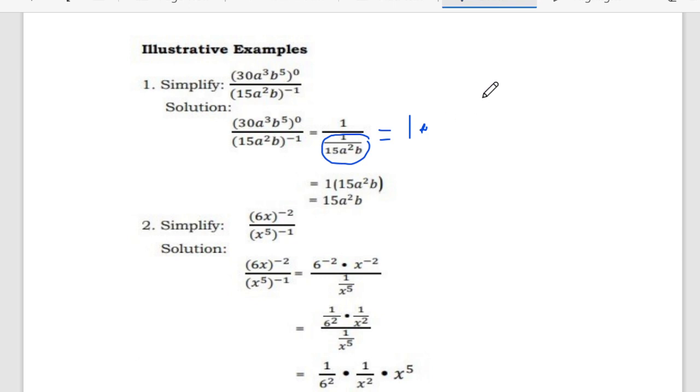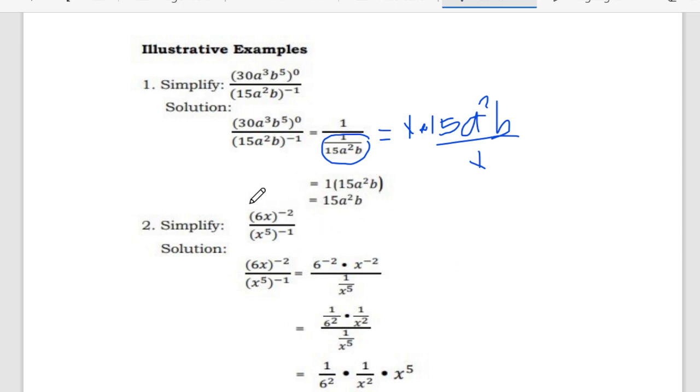Ito, magiging 15a squared b, the term, times 15, then a squared b over 1. So, since wala naman yan, 1 lang naman yan, so ang answer niya is just 15a squared b.